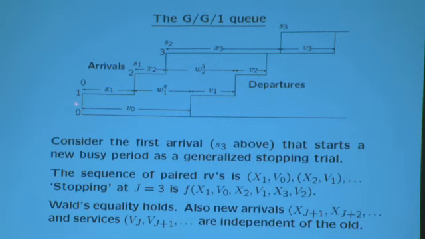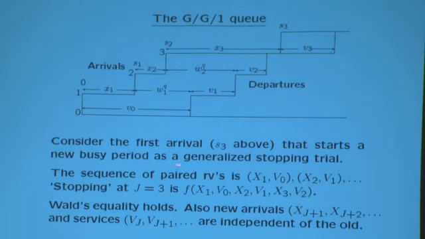These are renewal times for the arrivals to the queuing process. This thing here, the next arrival to an empty server, and so forth, are all in fact renewals of the entire queuing system. We want to understand why that is. We want to use this idea of stopping trials to understand this.